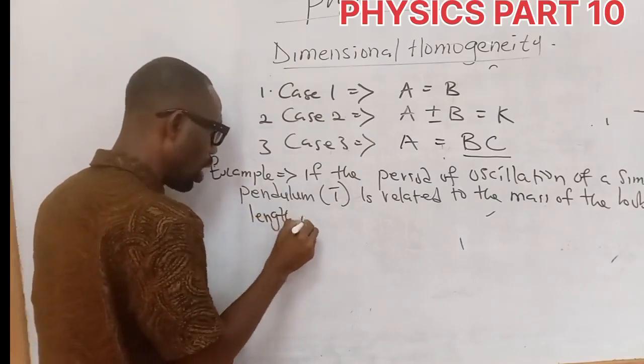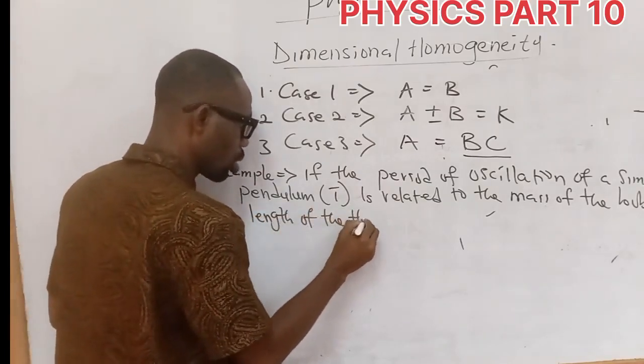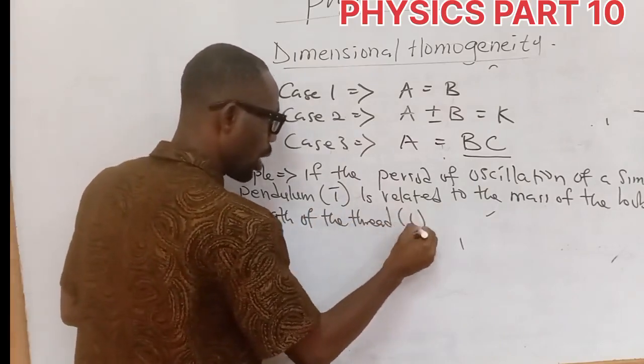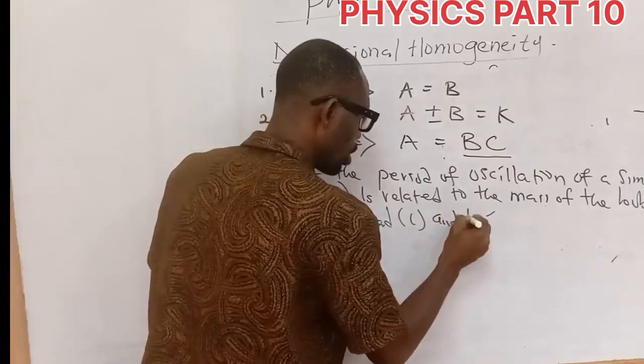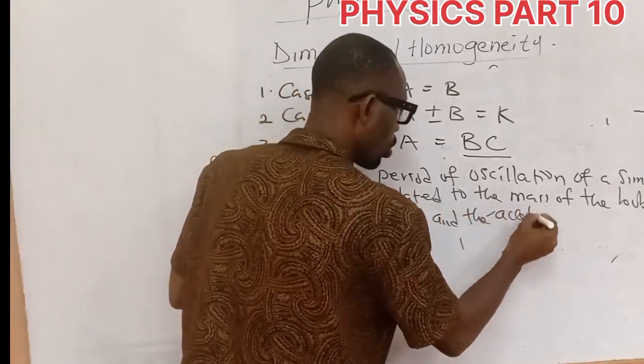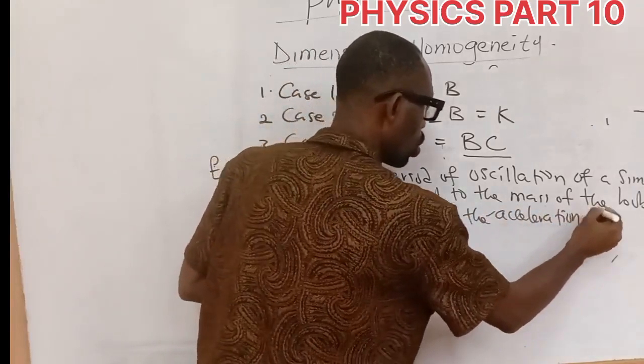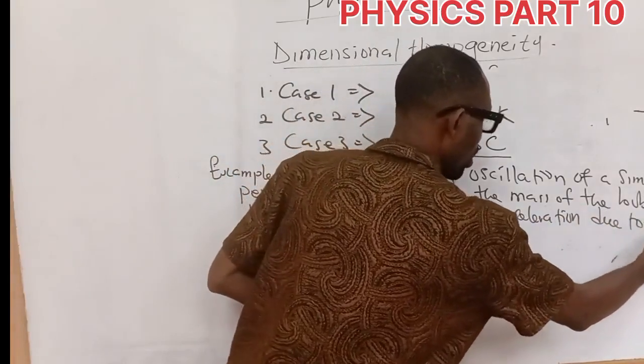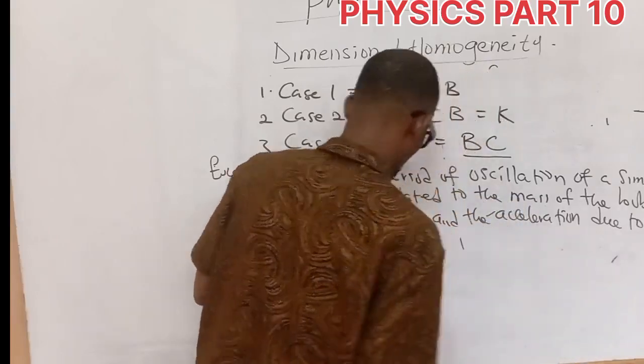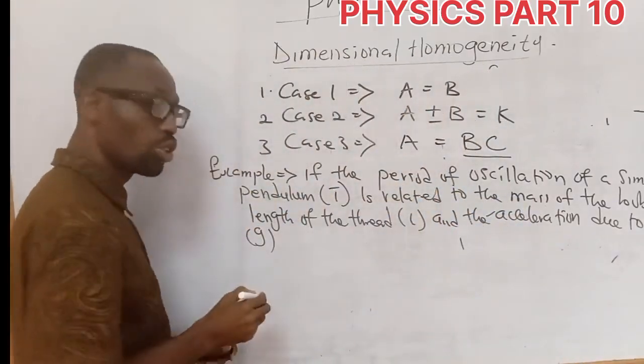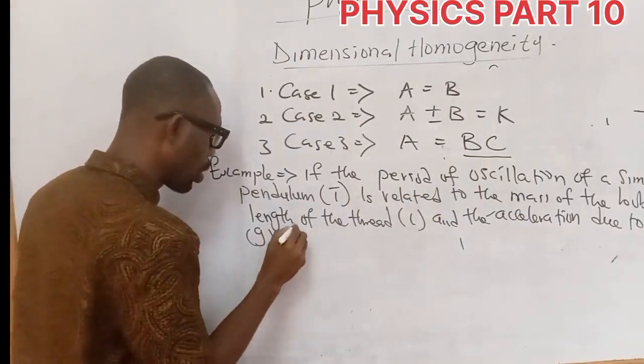Follow me. Length of the thread, you put small l, and the acceleration due to gravity, you put small g.